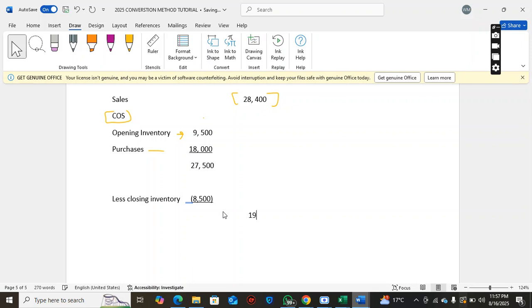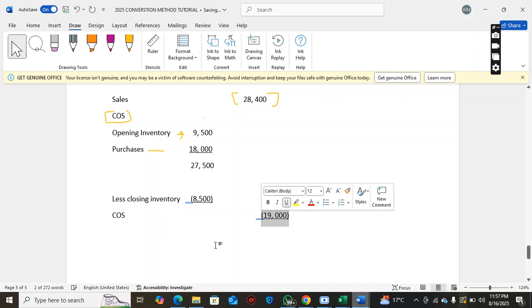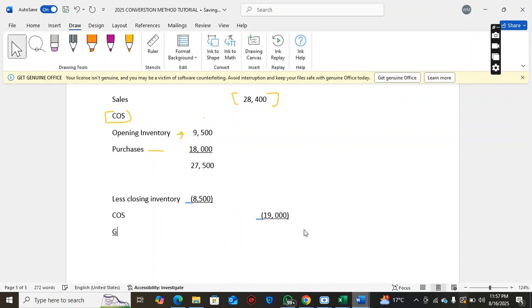This is the cost of goods sold. Then to get our gross profit, it's sales minus cost of goods sold. So you're going to say 28,400 minus 19,000. What do we get? 9,400. So that's our gross profit.